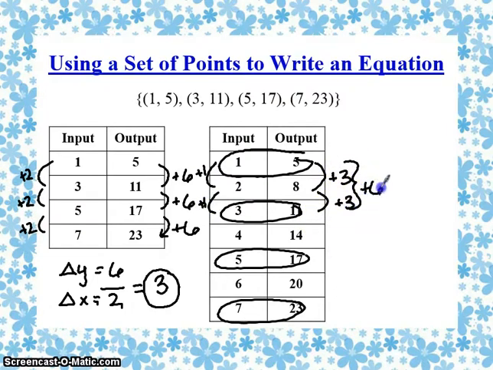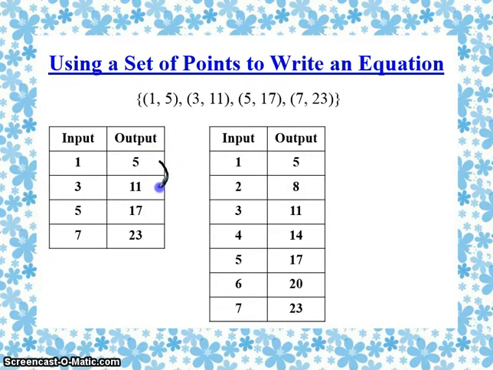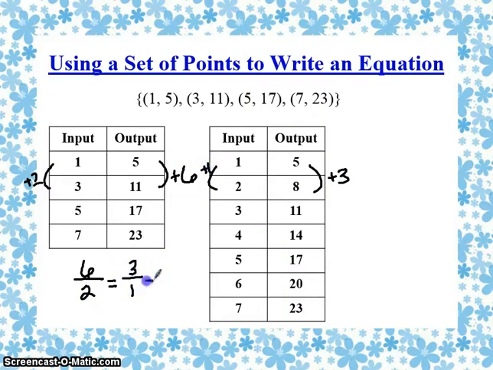Together, that's an increase of 6 every 2, just like in this input-output table. So now we can see that it increases by 6 every time it increases by 2, which is the same as increasing by 3 every time it increases by 1, which both divide down to 3.